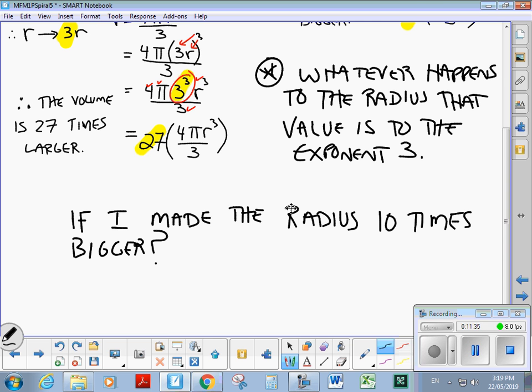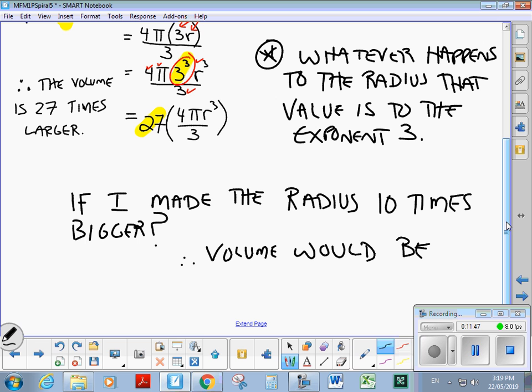So if I made the radius 10 times bigger, therefore the volume would be, and again, the pattern is just take that value. How many times bigger did I make the radius? It's going to be 10 cubed, or 1,000 times bigger.